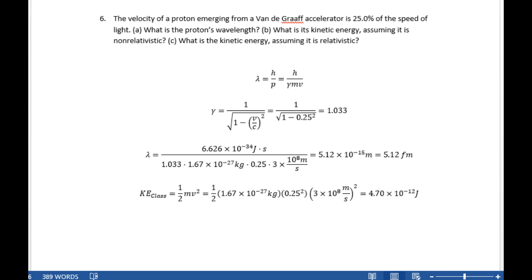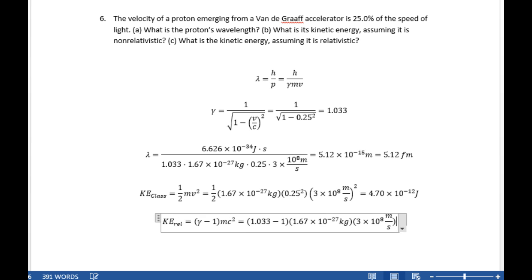And what is kinetic energy, assuming it is relativistic? Well, relativistically, kinetic energy is gamma minus 1 times mass times c squared. In our case, we got 1.033 minus 1 times 1.67 times 10 to the minus 27 kilograms times 3 times 10 to the 8th meters per second squared.